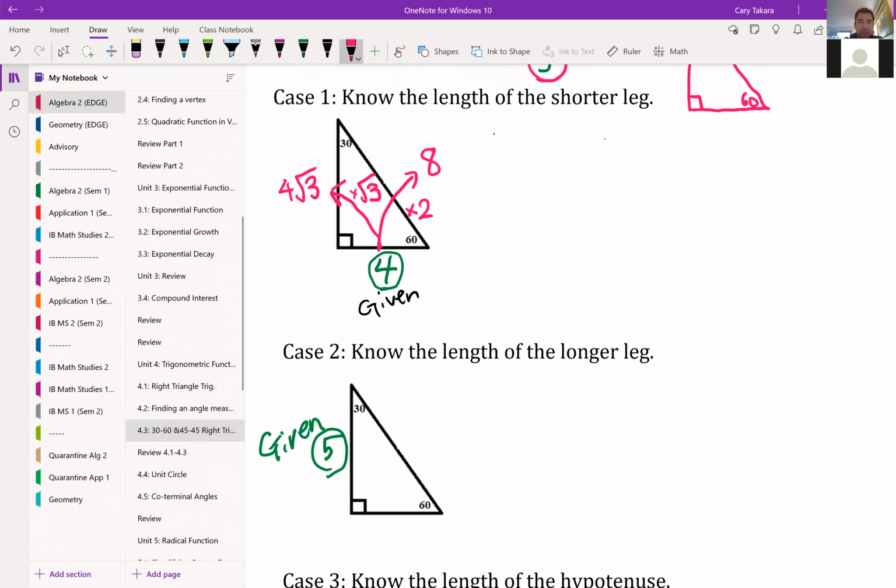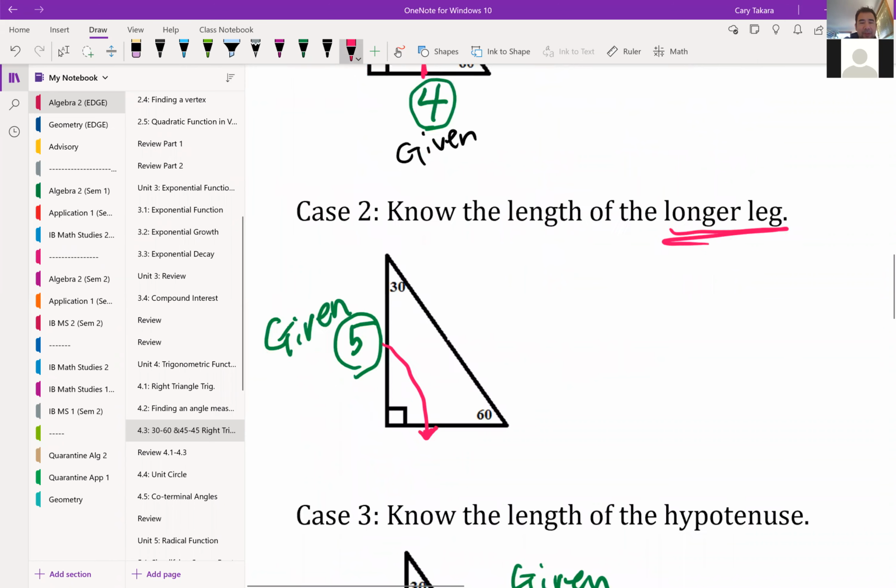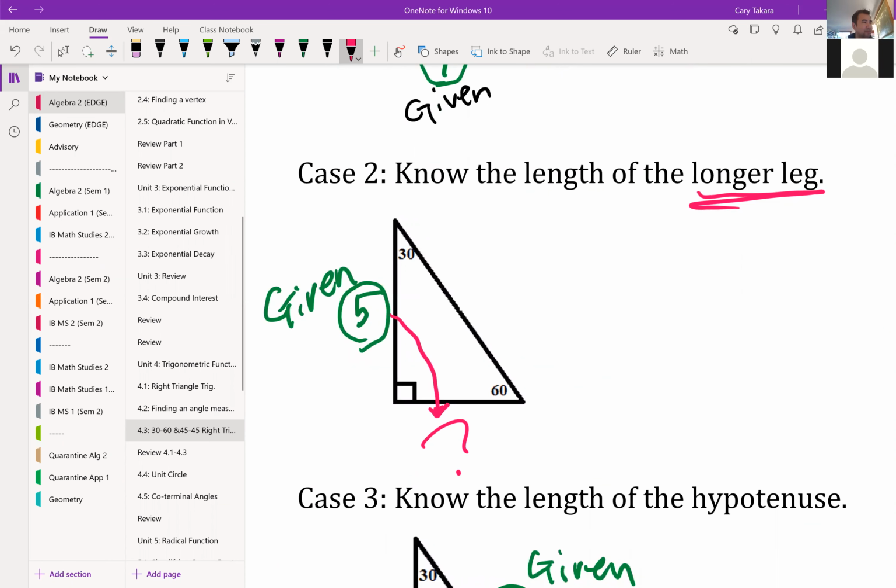Case study 2. What if I give you the longer leg? Then can you figure out the other two sides? Now you have to do this in order. First step, you have to figure out the shorter leg. How do you do that?